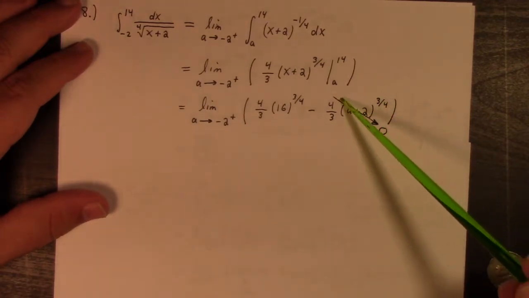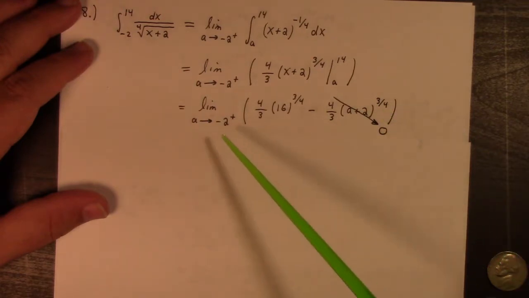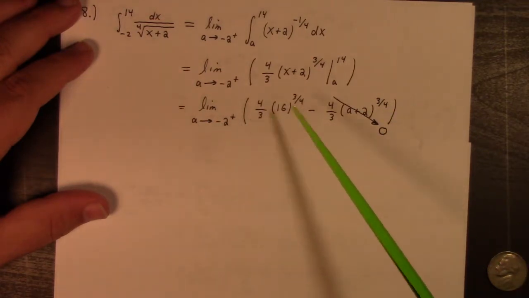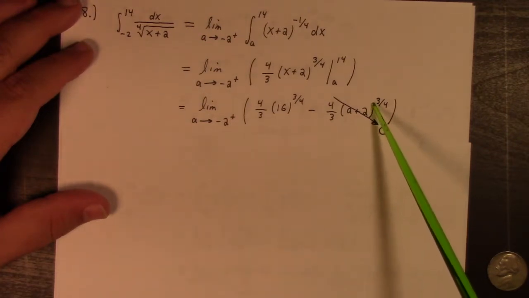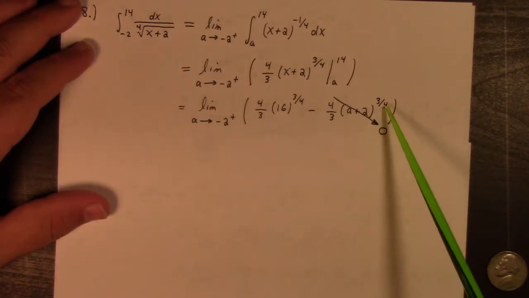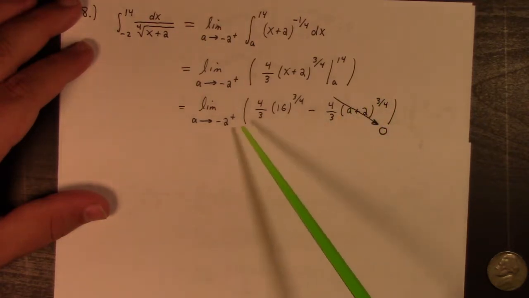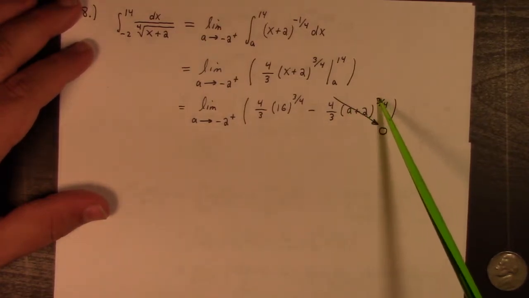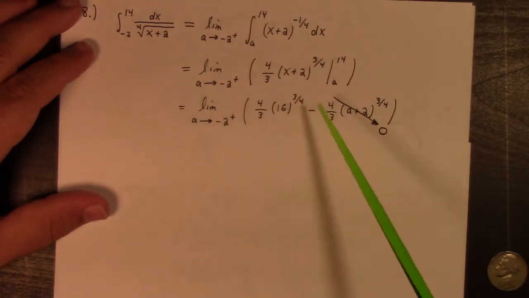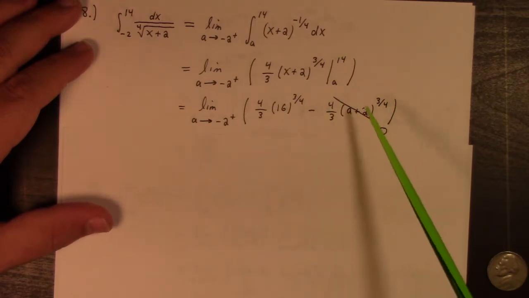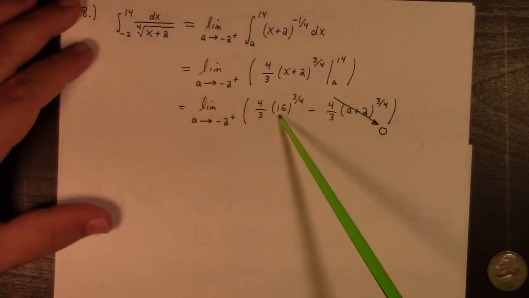Now this is a positive power, so when we take the limit as a approaches -2, this just limits to 0. If you had a negative power here instead, that would diverge, all right? But it's a positive power, so when we plug in the -2 here, we just get 0 to the 3/4, and so this function's continuous at -2 is my point. So anyway, this limits to 0, and that is whatever it is.